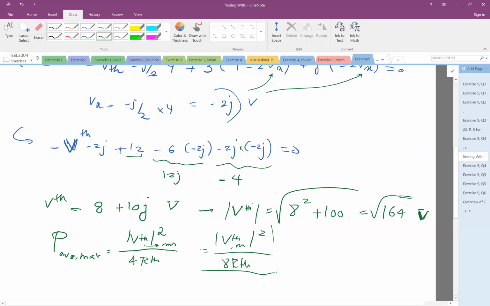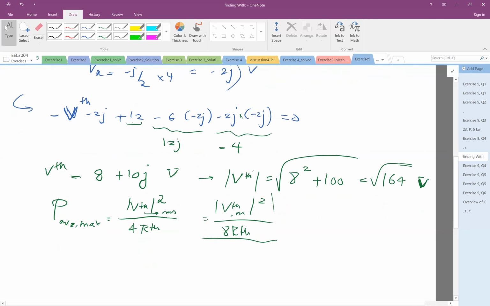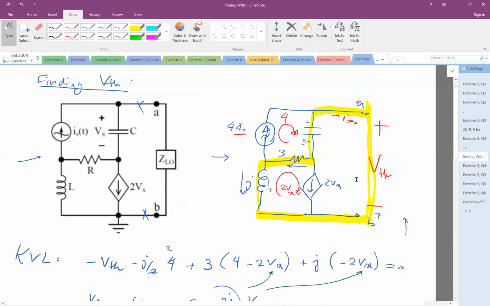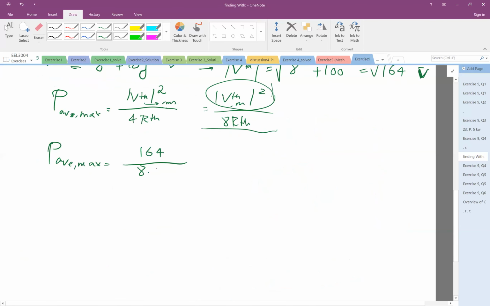So P average max is this squared, which is 164, divided by 8 times R Thevenin, and R Thevenin was, I guess, 2 times 2.